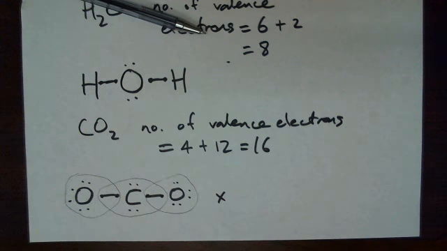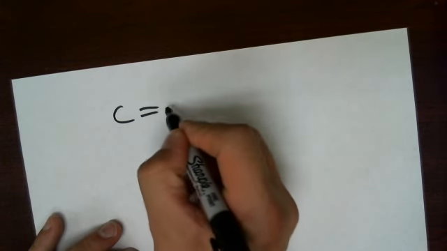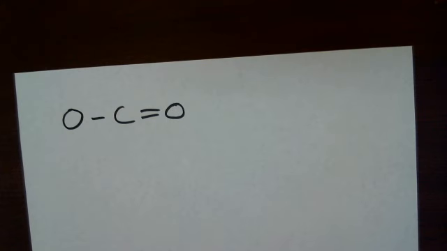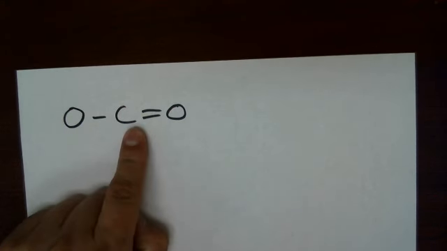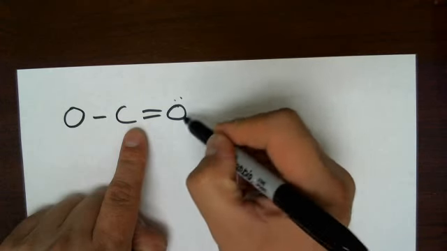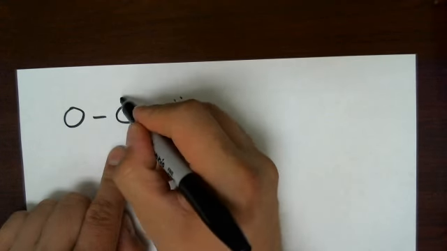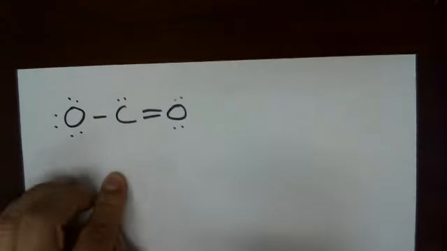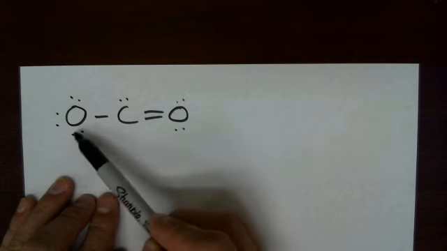And so we go to our next structure, which would be, again, the carbon in the middle, but this time we form a double bond. Then we go through and give everything 8 electrons again, and you just check that. So oxygen here's got 2, 4, 6, 8.